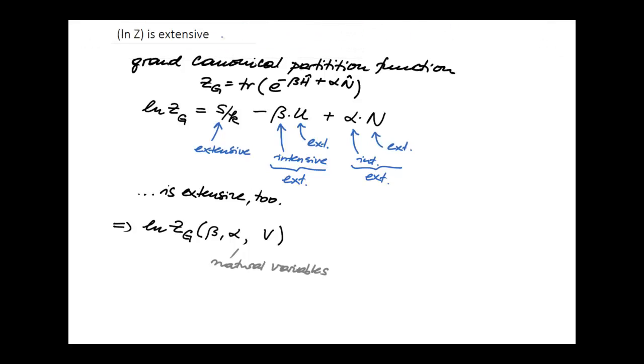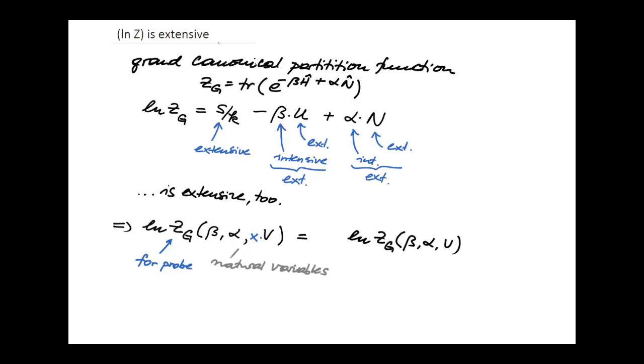When you look at a probe, so you take a fraction x of your total system, then you have only a fraction x of the volume, but you have the same alpha and beta because these are intensive variables. So this is the log of the partition function for a probe.